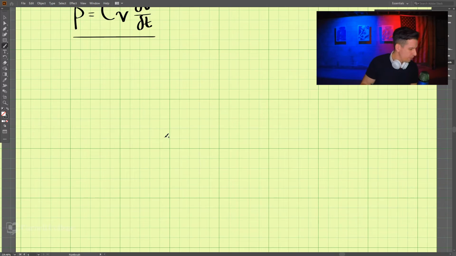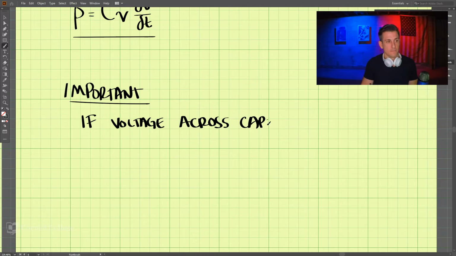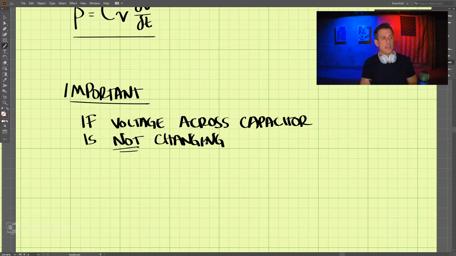Now there are several important factors. So first, if the voltage across a capacitor is not changing, if the voltage is staying the same, then I, the current, must be equal to 0.